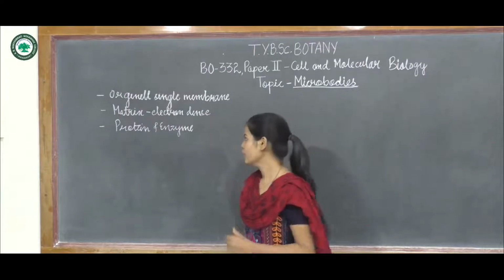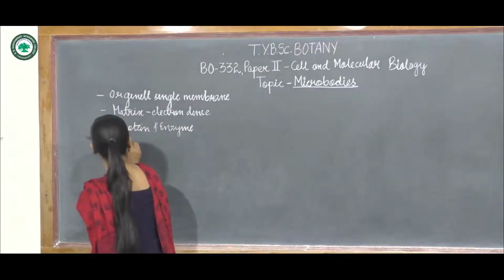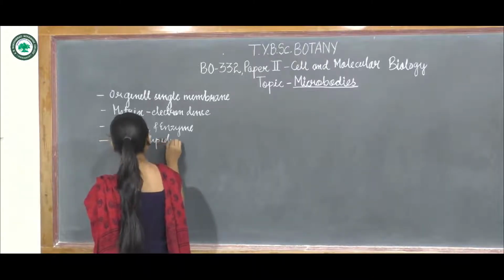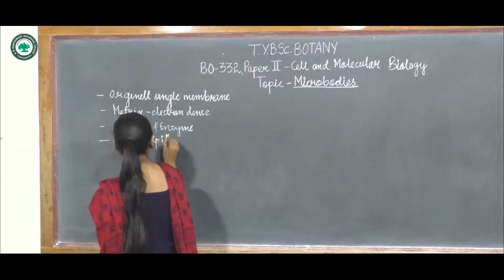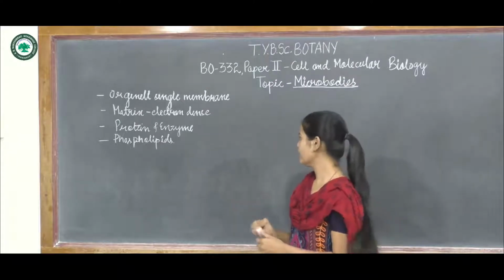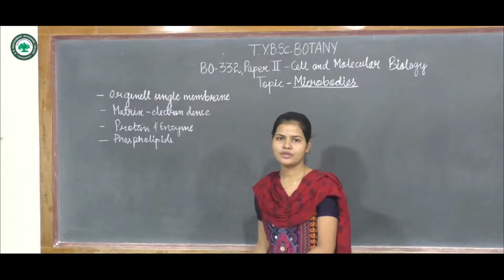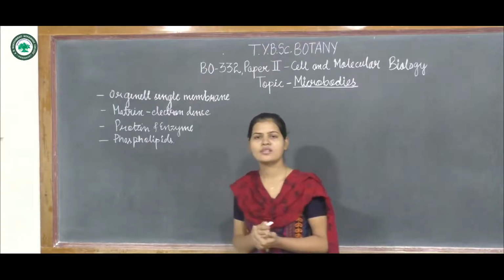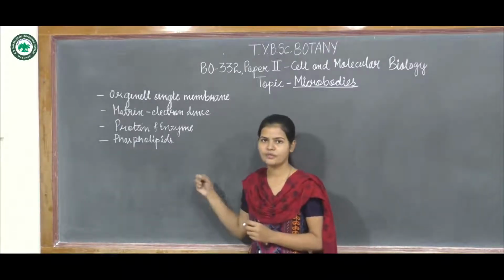Now there is a constant supply, that is the phospholipid. They are constantly entering into the microbodies, so they are involved in the synthesis of the expanding microbodies or the new microbodies which are forming.